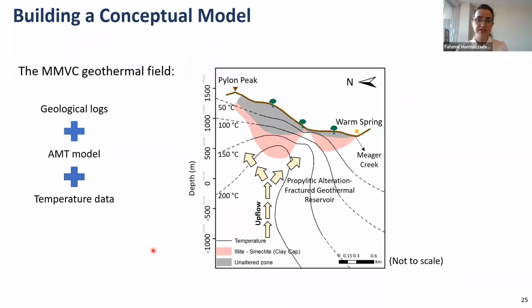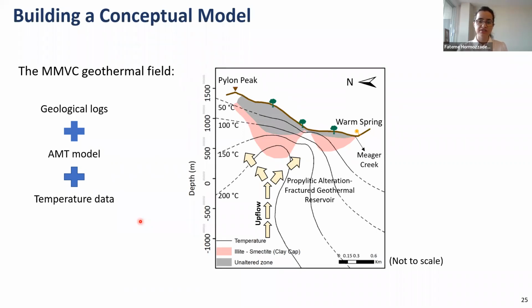If we get back to the conceptual model that we were making, and follow the pattern of the bulk resistivity range of 40 to 300 ohm meter that I mentioned, we can also follow the patterns that can be used as the upflow of fluid in our conceptual model.